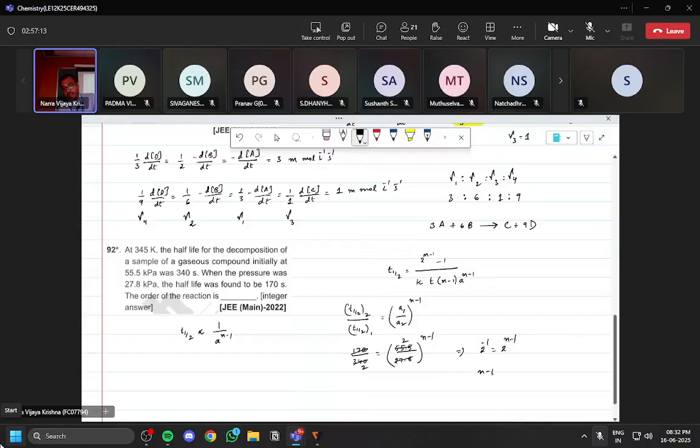Means n minus 1 equals minus 1, means n equals 0. So it is following zero order kinetics. Check the answer. Correct or not? Yes or no?